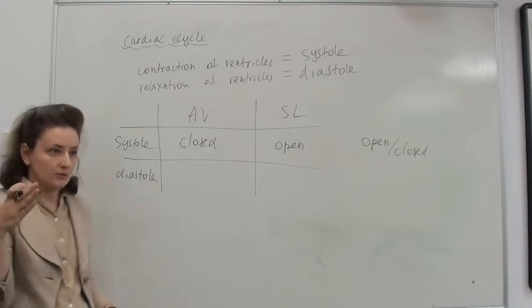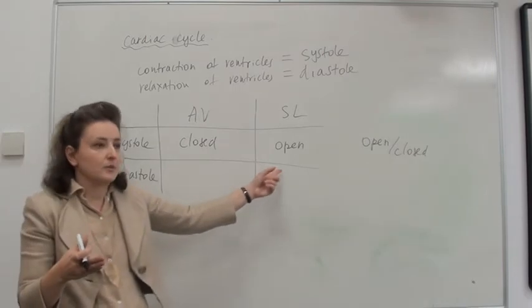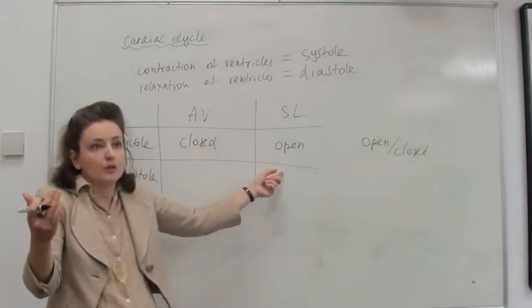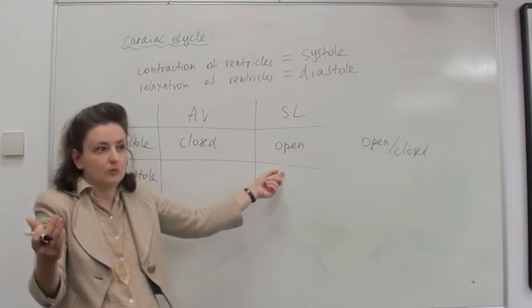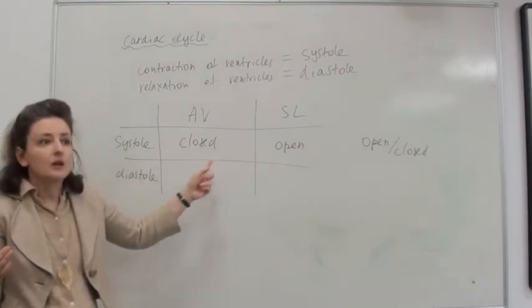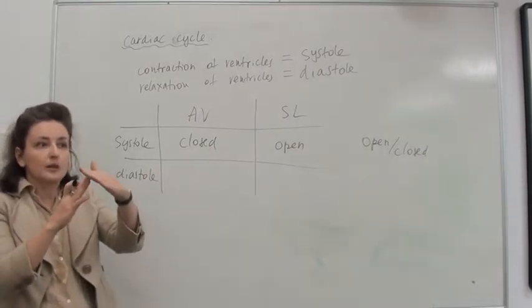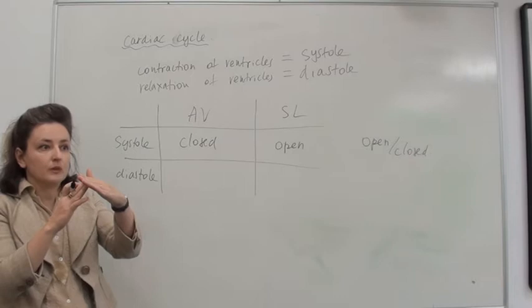Because I'm trying to get that blood into the aorta, I've got to have the semilunar valve open, because otherwise it's just a door blocking the aorta, and that's not what I want to do. But at the same time, I want the AV valve to be closed because I don't want that blood coming back towards the left atrium.